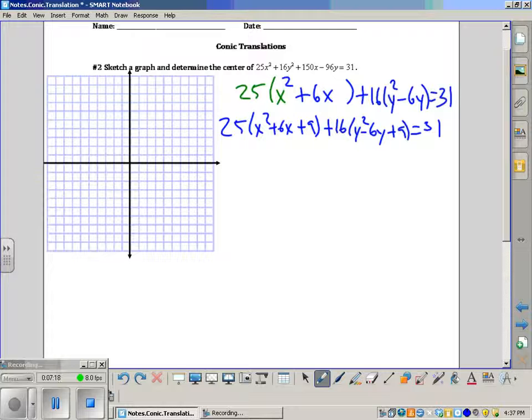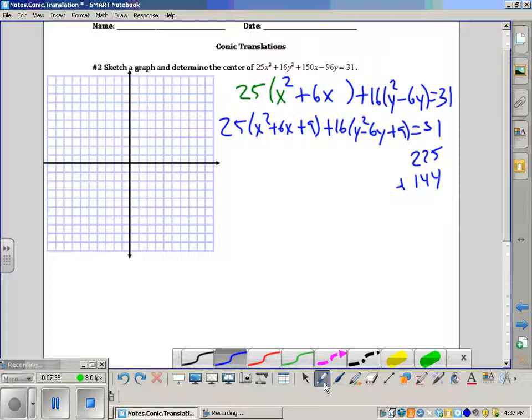So we're going to have to add what we added to the left-hand side, namely 25 times 9. I'm going to add 144 and 225. It's sort of hard to show this, but that's from 16 times 9 and 25 times 9.